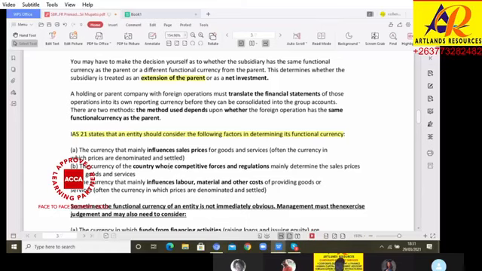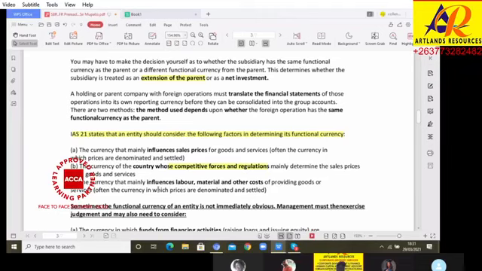When they are saying competitive forces and regulations, in other words, the currency in which you mainly pay tax, and the currency which your competitors in the industry, buyers and suppliers, really favor. Which currency really determines the selling prices? That's the functional currency. Another is the currency which influences labor, the currency in which you pay for materials and other costs.